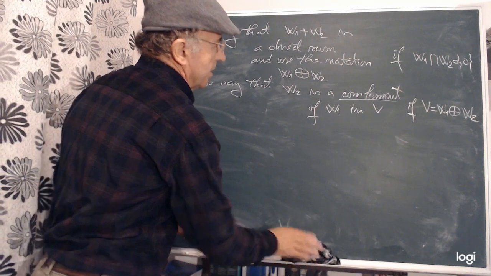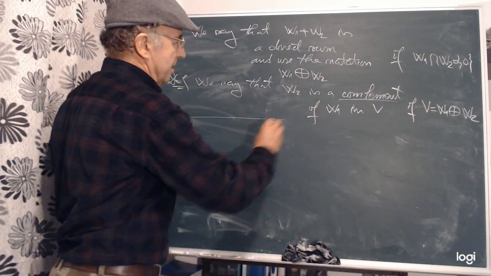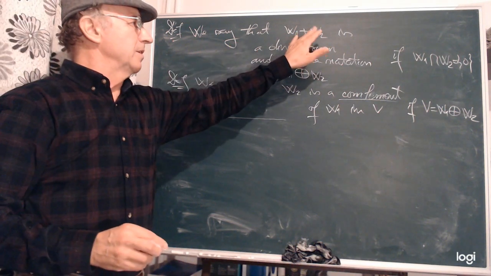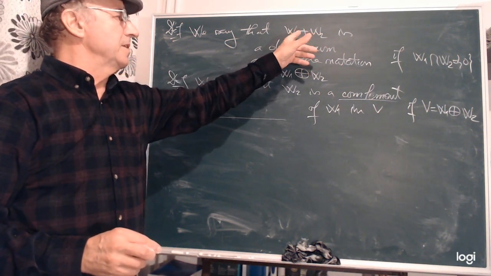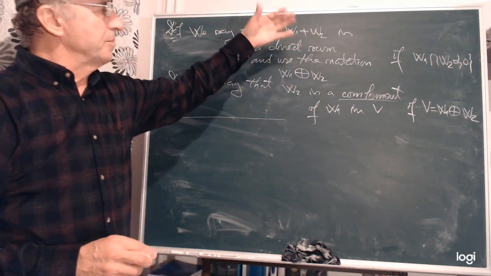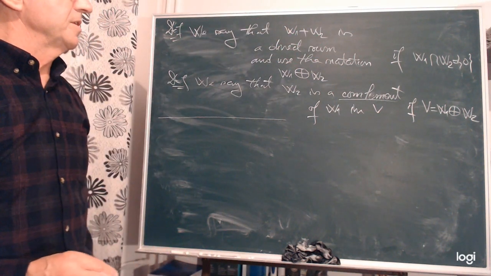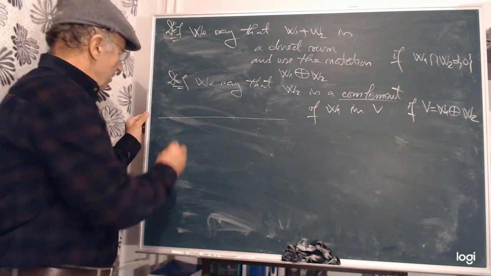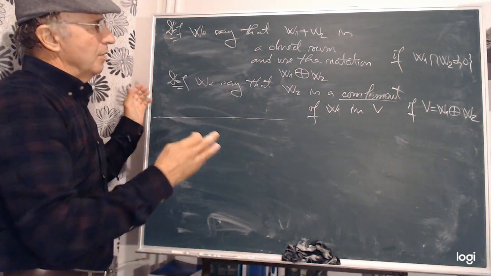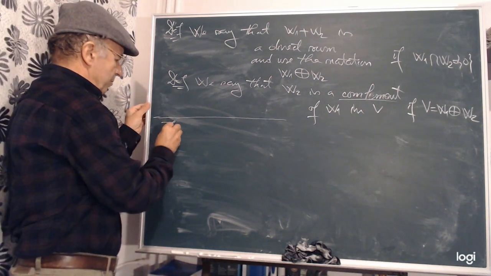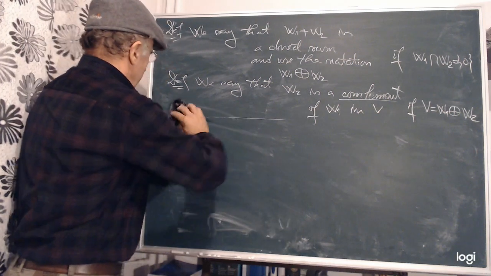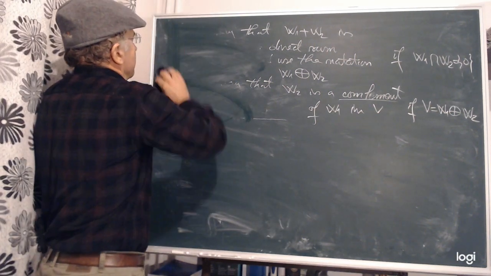Now, here we consider an interior sum of vector spaces, the case when both are subspaces of a larger space V. Now, we can consider a more general case. Theorem. Let us write here.